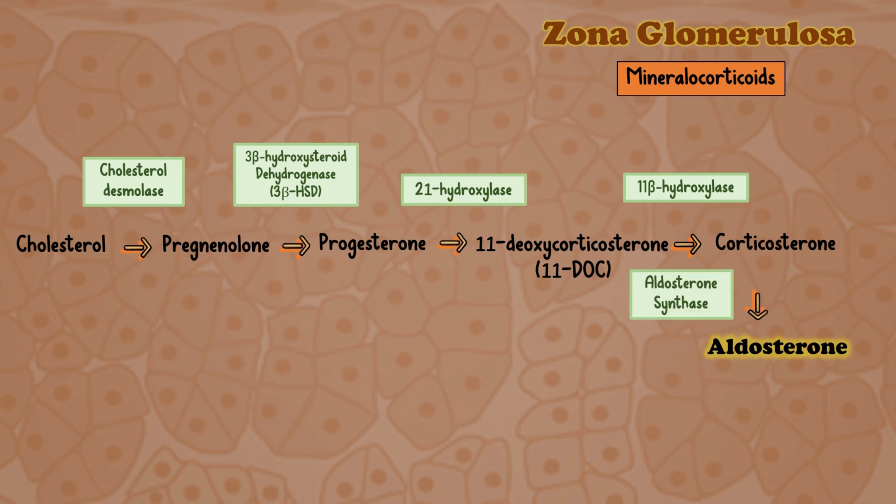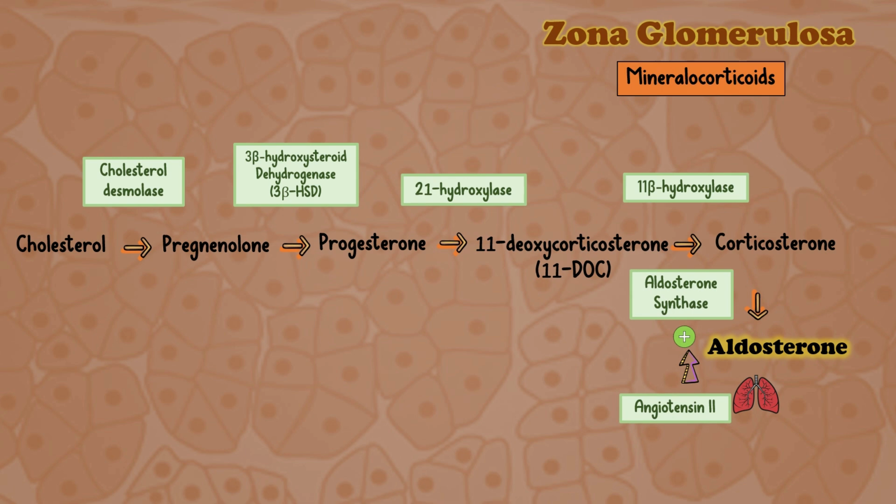This occurs by the action of enzyme aldosterone synthase, which is stimulated by angiotensin II, produced in the lungs. Now, I told you that progesterone serves as a precursor to all steroid hormones. But this is just aldosterone.